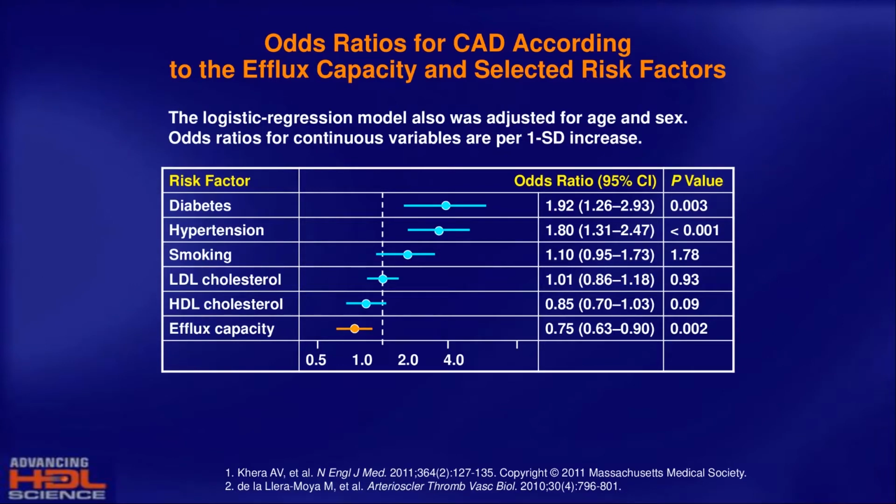In this very important cross-sectional study, led by Khera, senior author Dan Rader, they show that cholesterol efflux capacity is inversely related to the risk of coronary disease with an odds ratio of 0.75, a significant association.